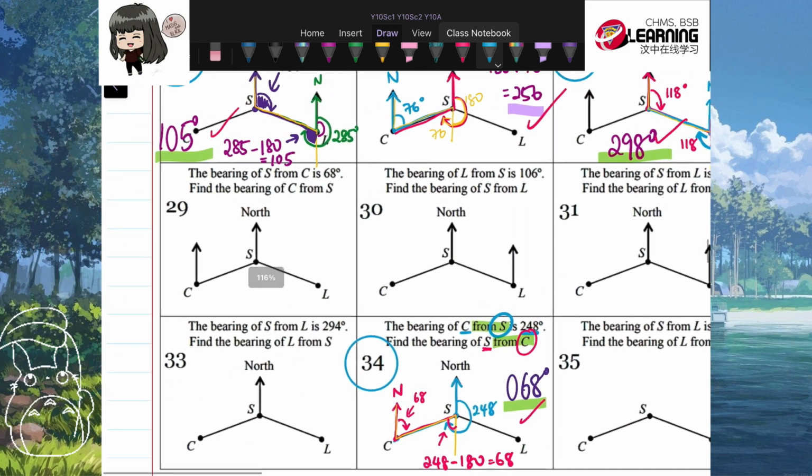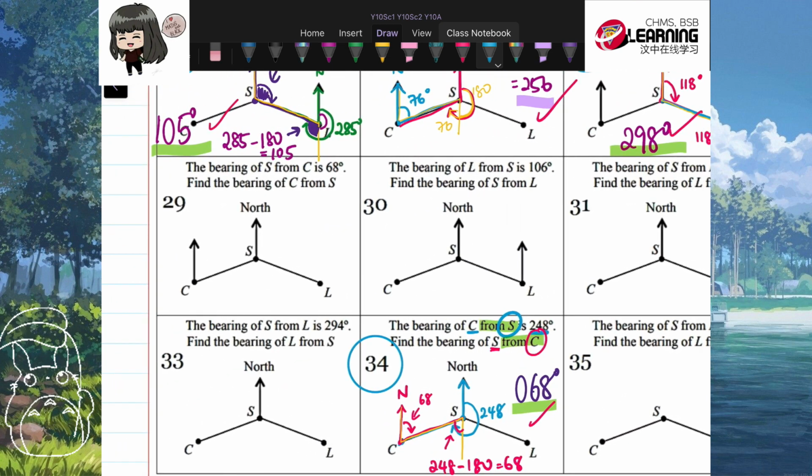Now go to question 29. From C, form a north, and then the connecting line SC, and it's 68 degrees. We need to find C from S. From S, form a north, and it goes all the way like this because the connecting line is CS.